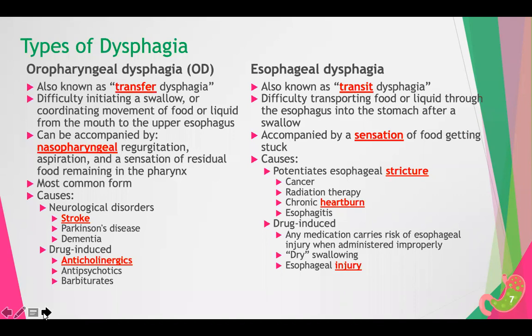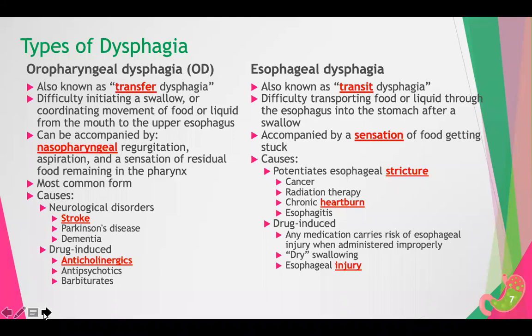So esophageal cancer, radiation therapy to that area, and chronic heartburn can potentiate esophageal injury and even esophagitis. It can also be drug-induced, and typically with drug-induced esophageal dysphagia, this occurs because of esophageal damage. Any medication carries the risk for esophageal injury when administered improperly.